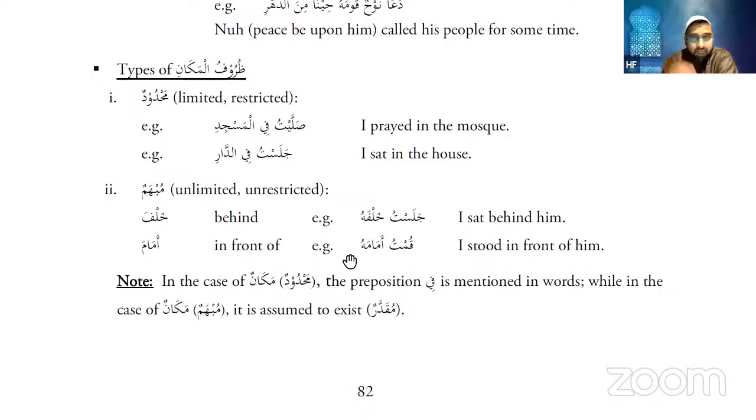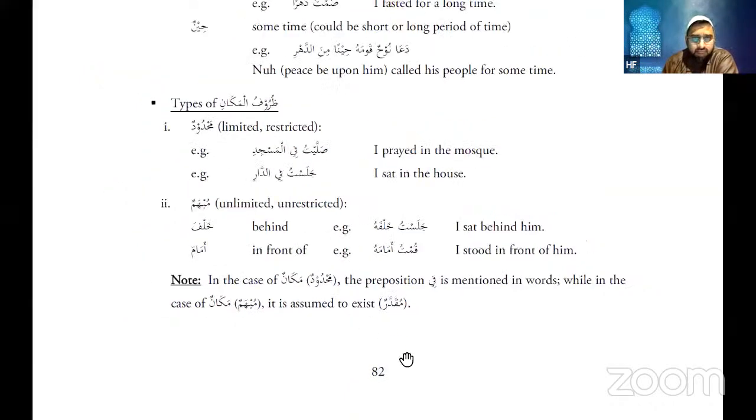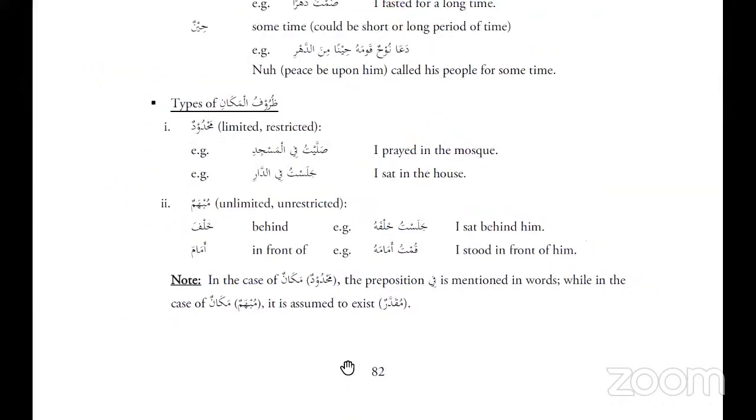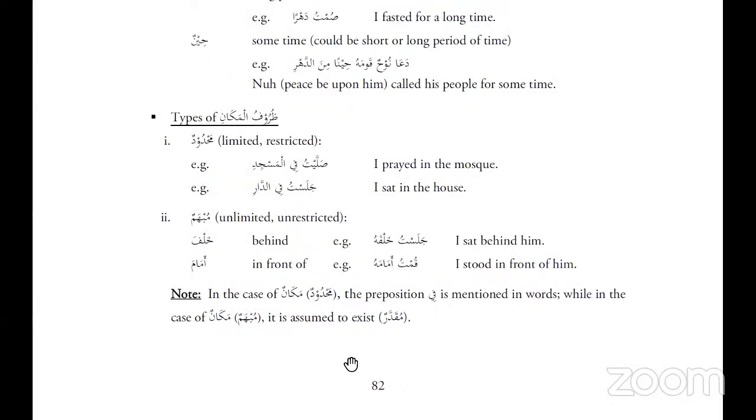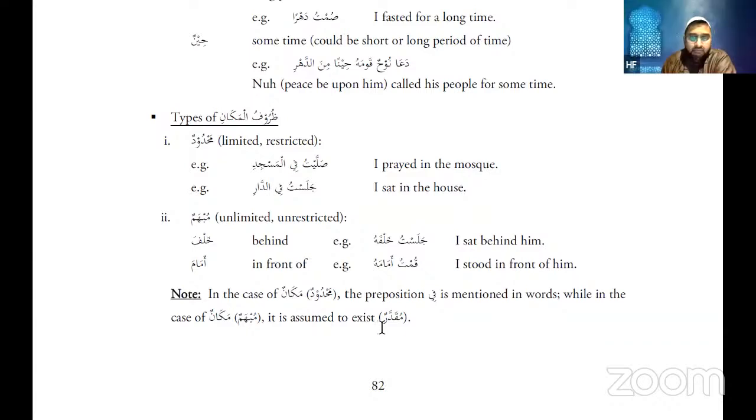Excellent. Note, in the case of mahdudun, that is makanun, the preposition fi is mentioned in words, while in the case of mubhamun, makanun, it is assumed to exist. Muqaddarun means hidden.